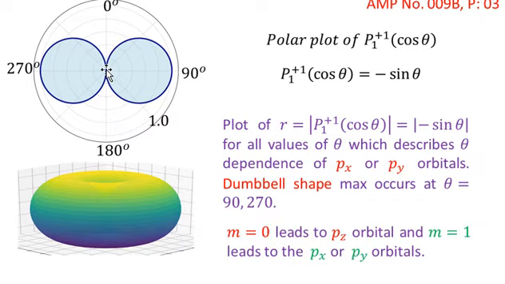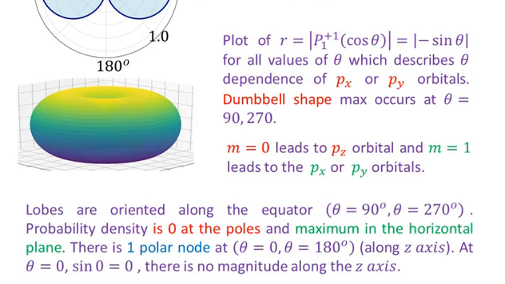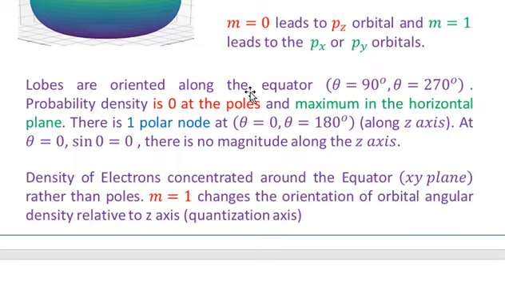So this is actually the node where the wave function value is 0. In the three-dimensional donut-like or torus-like shape, you see that there is no signal, that is the wave function is not present in the center, because in the center there is a hole, like the hole in a donut. So the lobes are oriented along the equator.